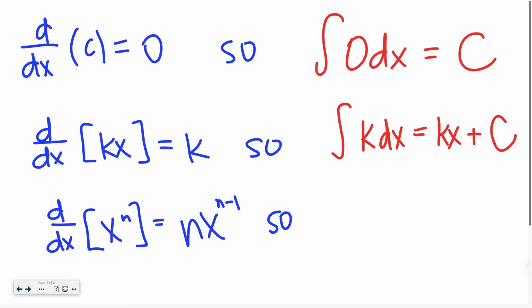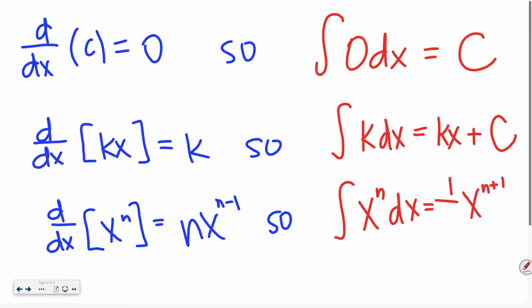So since that's the case, in order for our antiderivative to work, when we have x to a power inside of our integral symbol, like pod 8 said, we need to increase the power and then multiply by its reciprocal. And then, of course, now we have to remember that plus c.